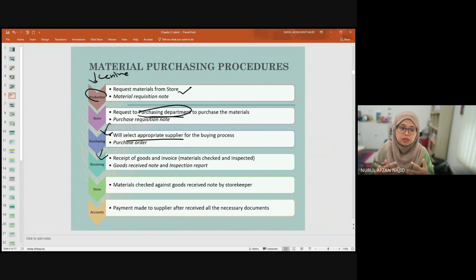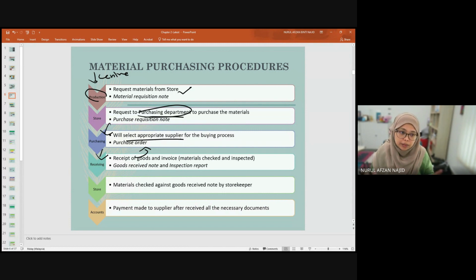Ada yang rosak ke sebelum kita sign the document. Right? So check dari segi bilangan, kuantiti, dan brand yang kita order, betul ke tak, according to the purchase order. Purchase order ni adalah untuk kita list down berapa banyak kuantiti, apa jenis barang yang kita nak.